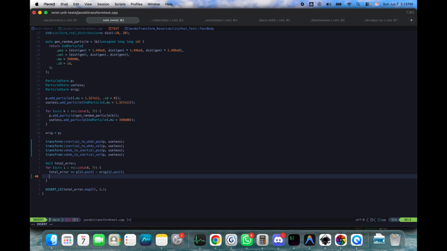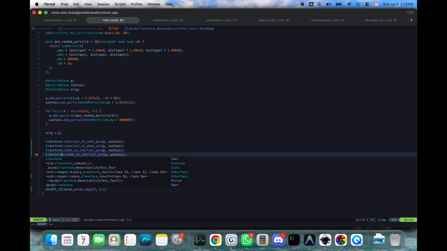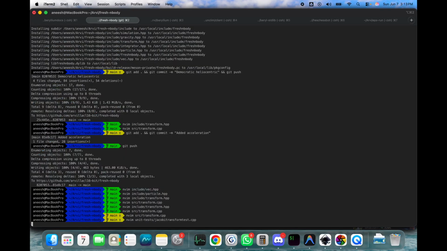Oh yeah, and I guess total error can also plus equals i.vel minus org index i.rho. And now the error allowed is 2. No, transform, not transform.